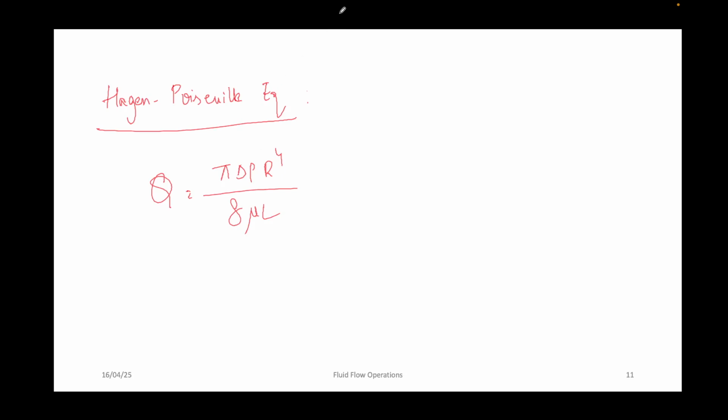And then we discussed Reynolds number, which is rho V D by mu. So we also discussed all these parameters, and then flow through pipes.